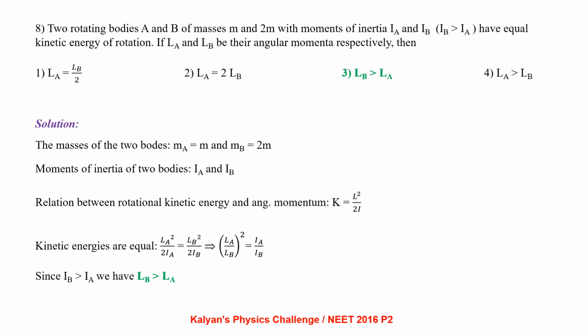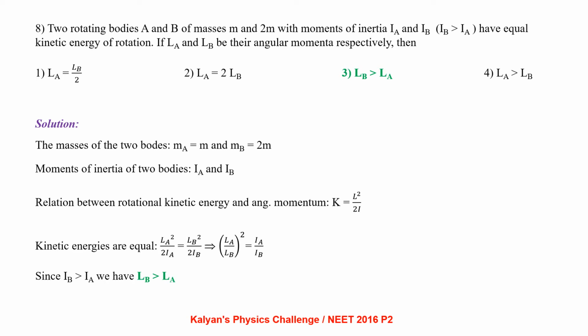Two rotating bodies A and B of masses m and 2m with moments of inertia Ia and Ib, Ib being greater than Ia, have equal kinetic energies of rotation. If La and Lb be their angular momenta, then you can see the moments of inertia are given to be Ia and Ib, and the second one has larger moment of inertia than the first one.